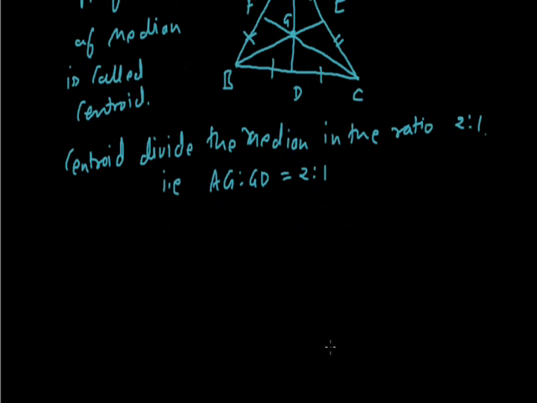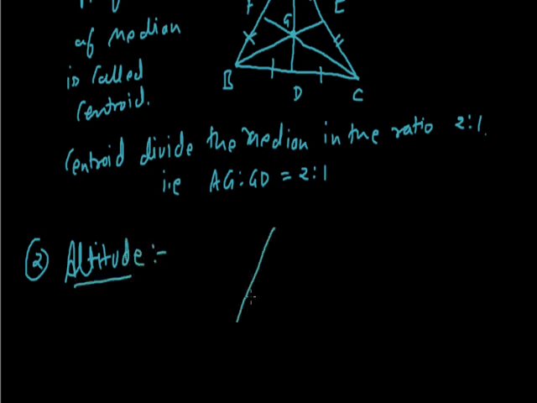Now we come to the next term, that is altitude. What do you mean by altitude? Suppose there is a triangle ABC.